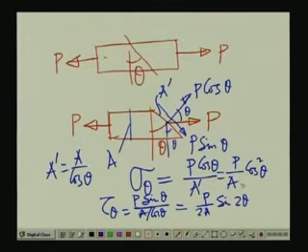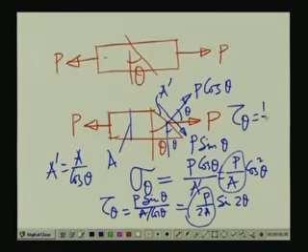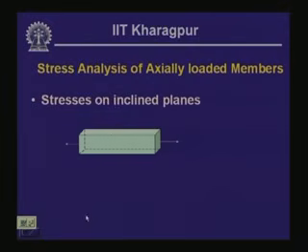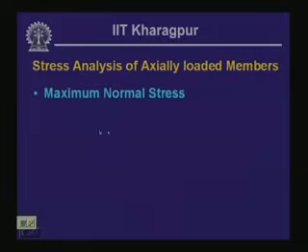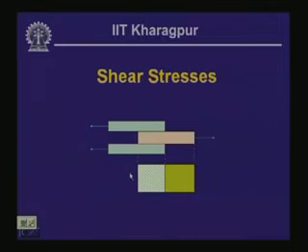So, maximum value of the normal stress is P by A, and maximum value of the shearing stress is P by twice A. So, eventually the relationship between sigma theta and tau theta is that tau theta is half of sigma theta. Well, then we have seen the maximum normal stress is P by A and maximum shearing stress is P by twice A.